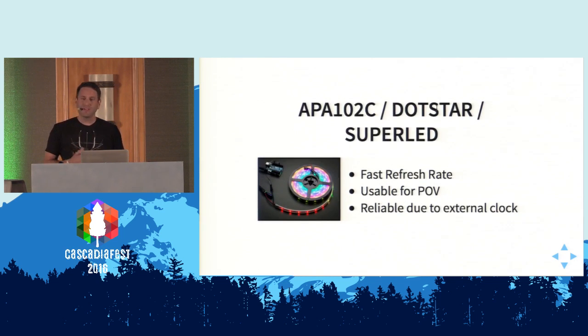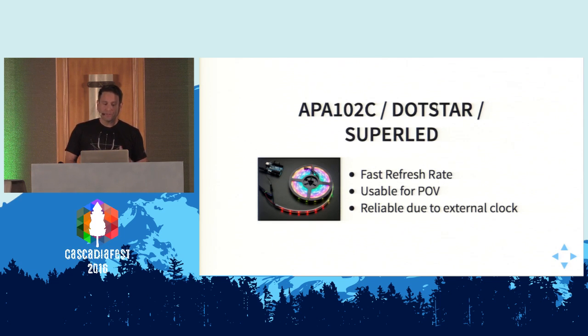However, there's another type of chip that's relatively newer than the NeoPixels, and they're APA 102C, or dot star, or super LED. It seems like people can't figure out what to actually call them. And the nice thing about them is that they have a really fast refresh rate. So they are usable in that instance where you want to make pictures with your bike.